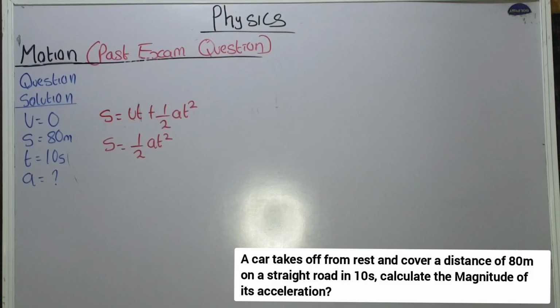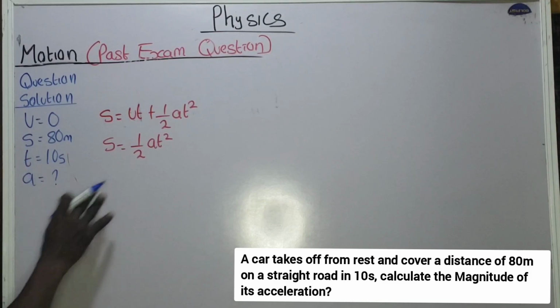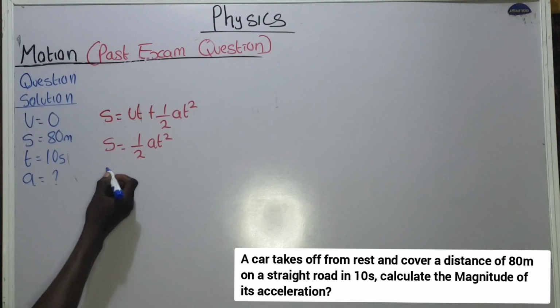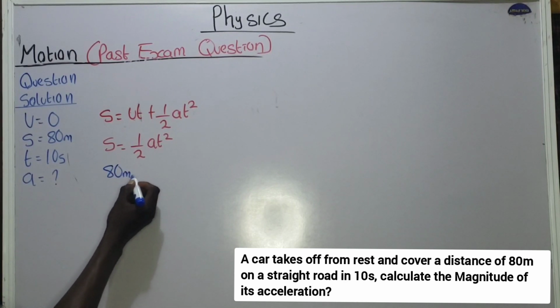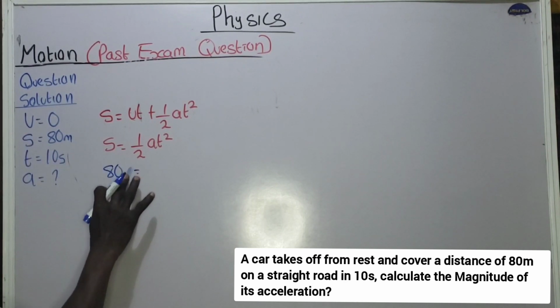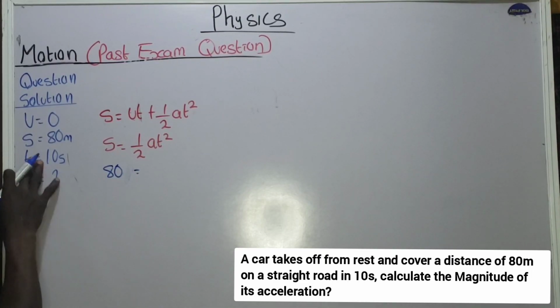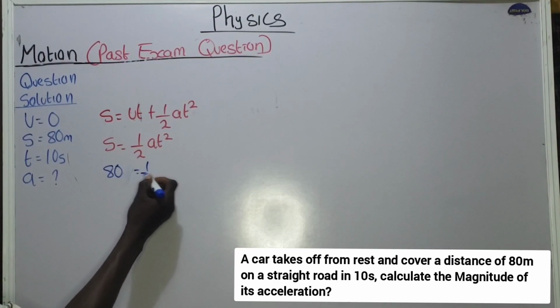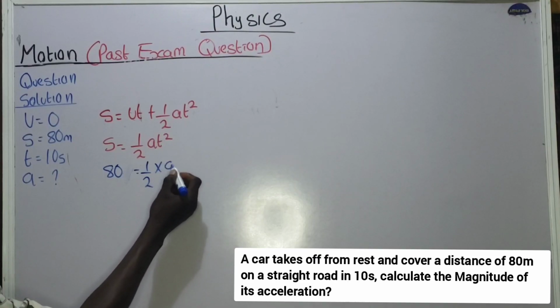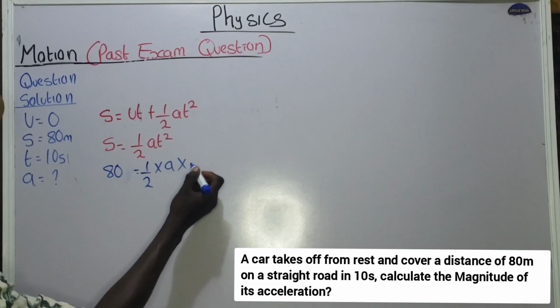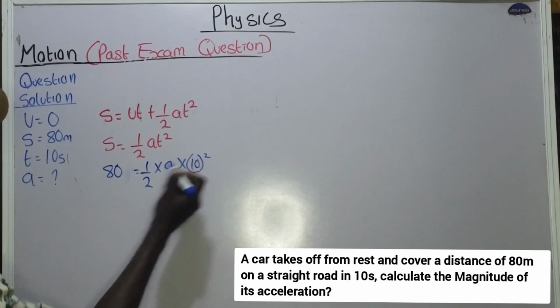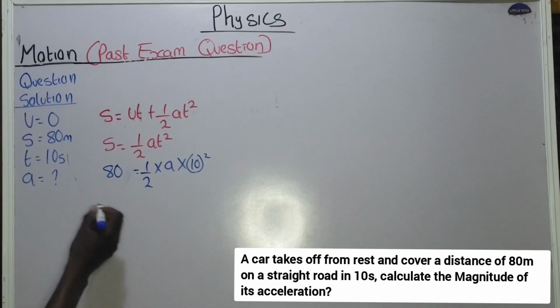All we have to do is substitute all these parameters into this formula. We know that s is 80, so 80 equals 1 over 2 multiplied by a multiplied by t squared. We'll put the necessary units by the time we are done. T is 10, so I'm going to have 10 squared. 2 multiplied by 80 is 160.